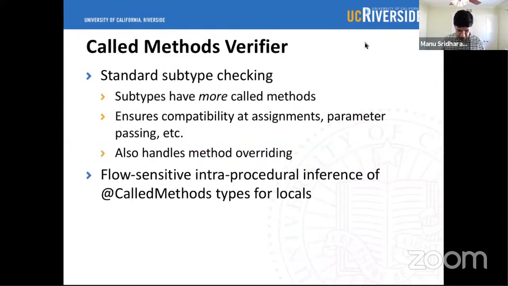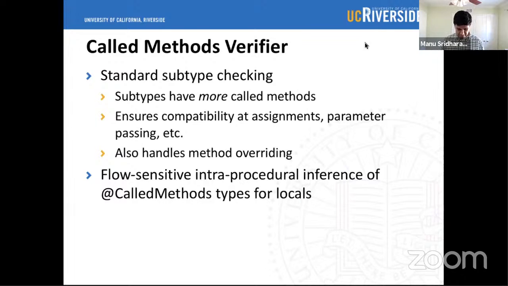So now that you have these specifications about which methods need to be called before other ones, we need to verify the specifications. And we do this with a called methods verifier. One thing it does is standard subtype checking at assignments. So we define a subtyping hierarchy where a type is a subtype of another if it has more called methods.